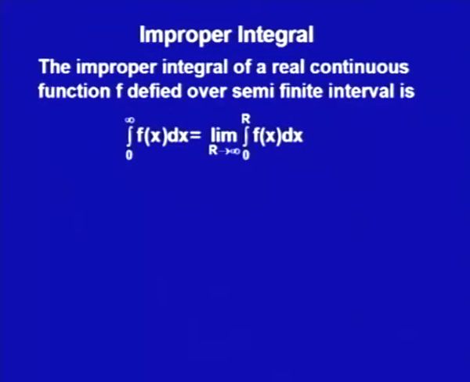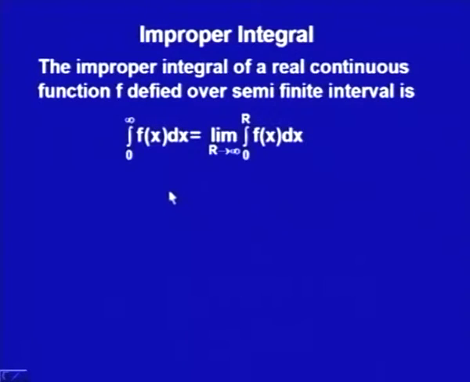If this limit exists as r approaches infinity, we say that this improper integral from 0 to infinity of f(x) dx is converging, and the value of this integral is the value of the limit on the right side.